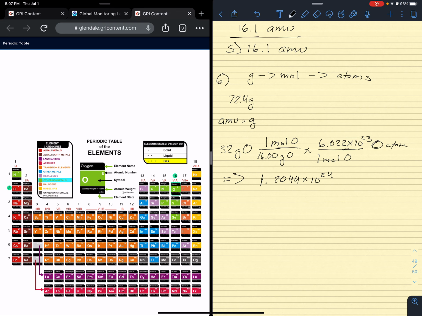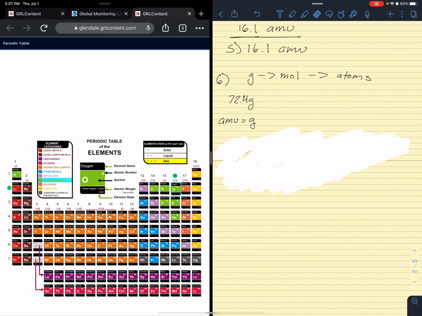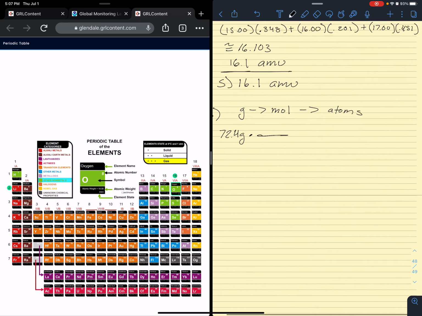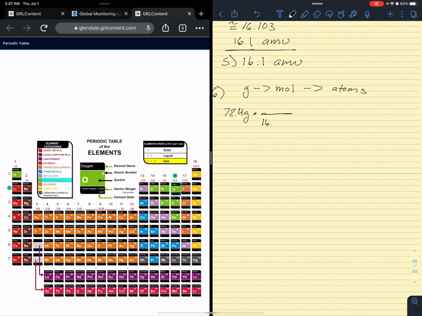Now we're trying to find 72.4 grams of this hypothetical element. And so now we do the same thing. The average atomic mass unit of this hypothetical element, which we found earlier, is 16.1.